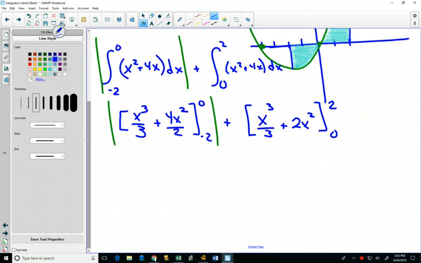The nice thing about having a 0 in here, okay? Plug in 0. Plug in your -2. -8/3 plus 16. 8.